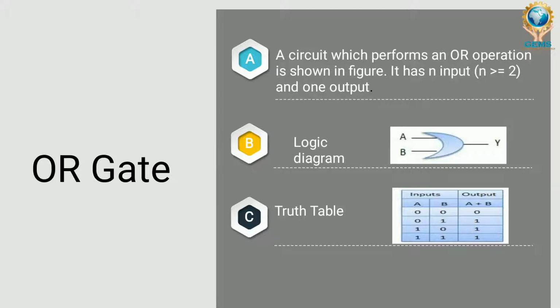With different inputs on the two sides, you will get the true output. Look here. A, B are both inputs. 0, 0, answer 0. 0, 1, 1. 1, 0, 1. 1, 1, 1.